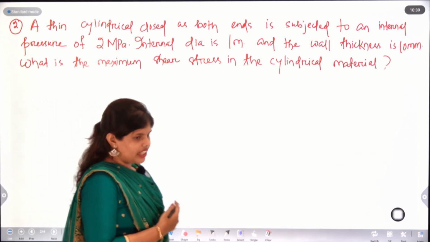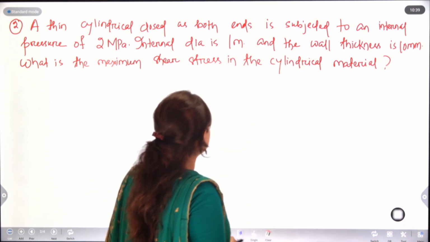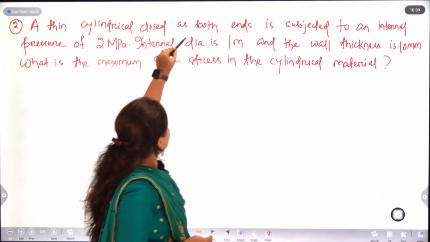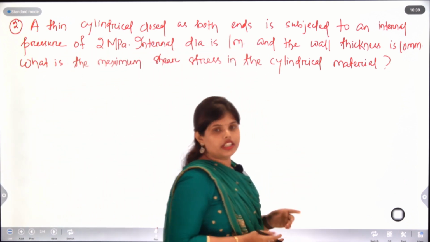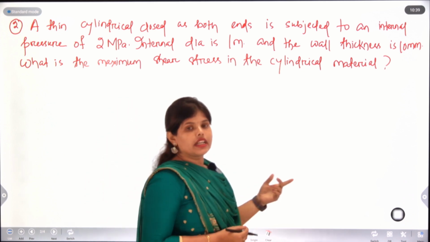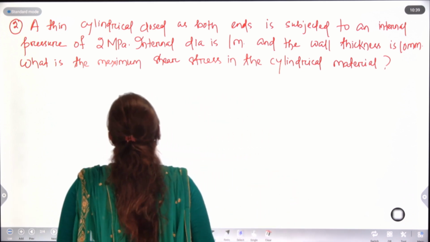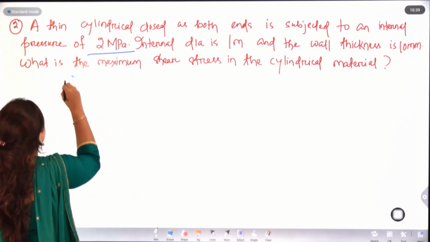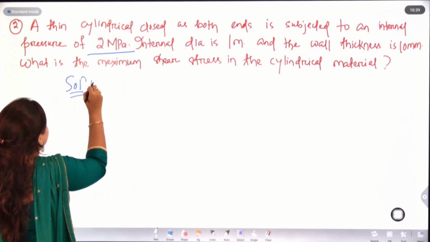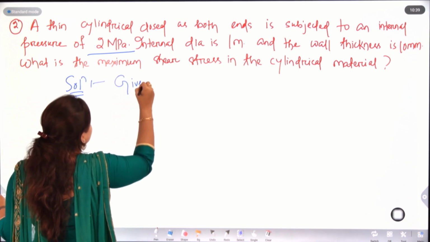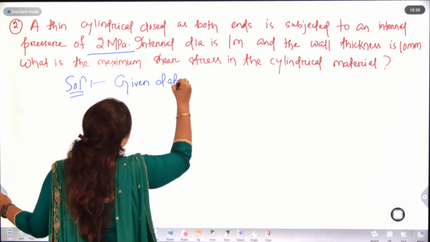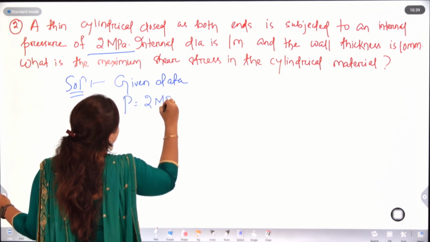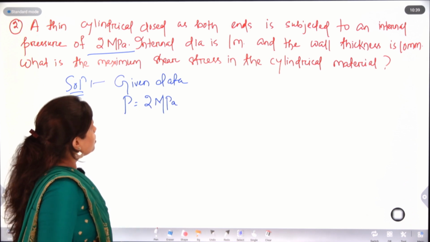So, in our second question, what was given? A thin cylinder closed at both ends. The cylinder is closed from both ends, which means there is some pressure. So, here your internal pressure is 2 megapascal. Next is your diameter.